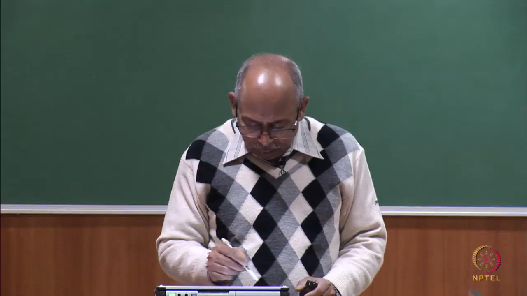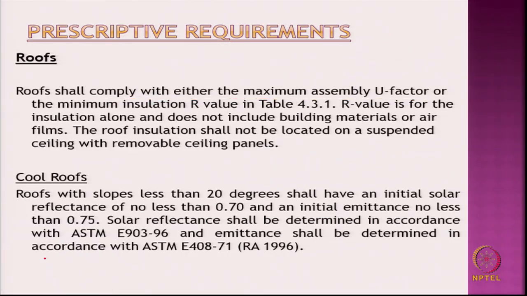So, first let us look at the prescriptive one. There is a maximum U value factor given in the code table, or minimum insulation, because 1 over U is R resistance. This is given for the insulation alone, it does not include the structural element, right.